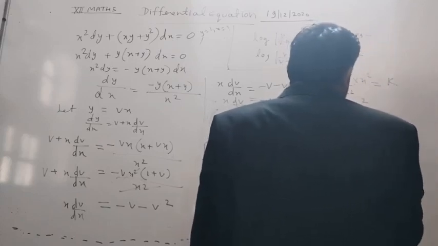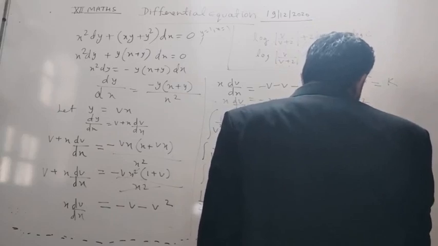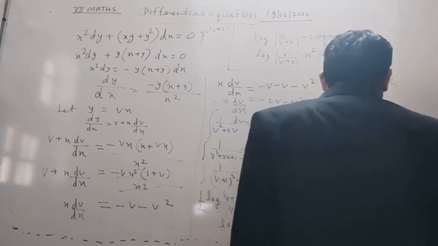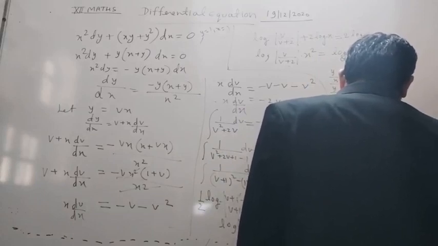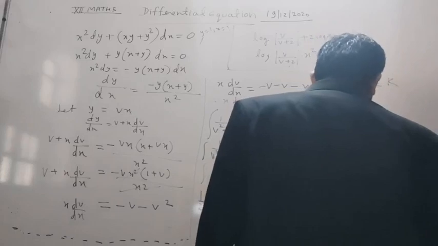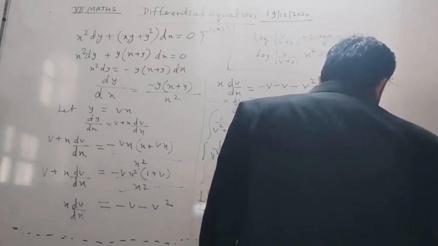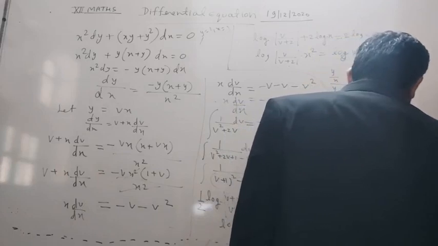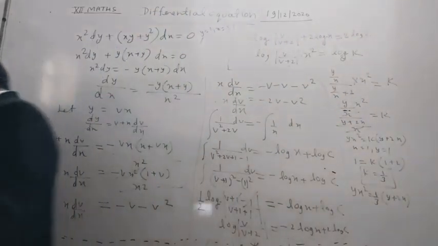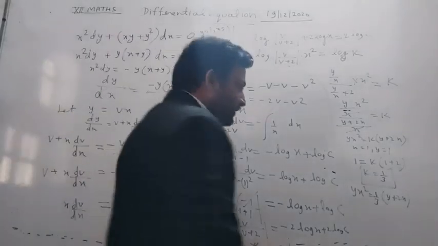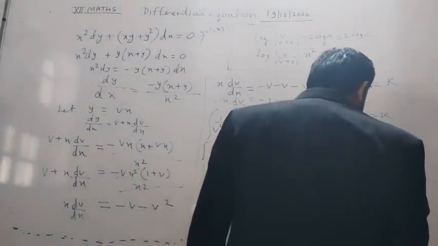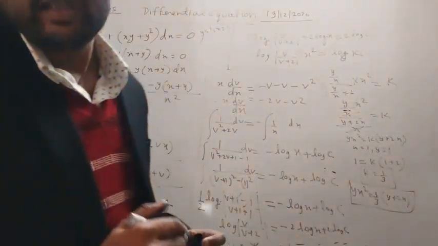Now put x is equal to 1, y is equal to 1, right hand side is 1 and left hand side is 1 over 3, and k is equal to 1 by 3. Now we put the value of k here, we get y x² is 1 by 3 times (y + 2x), okay student. So y x² is 1 by 3 (y + 2x), okay. So this will be our required solution of the given differential equation.